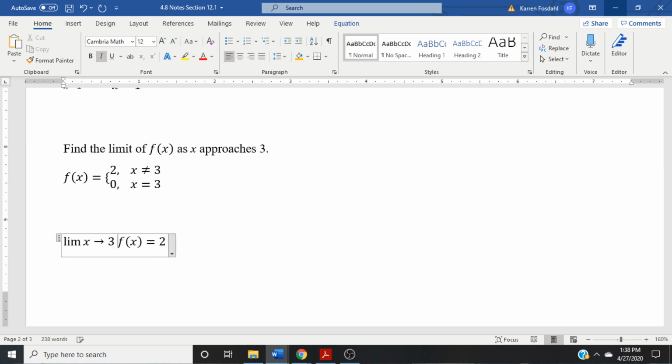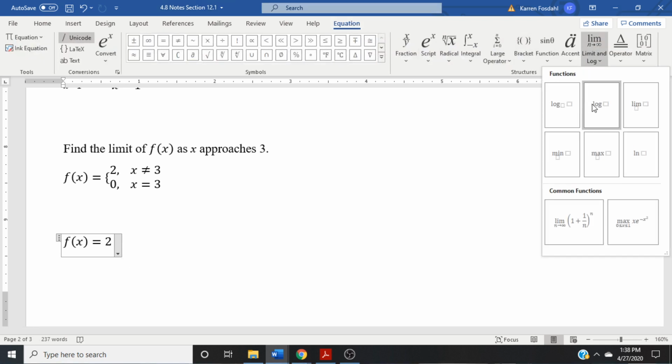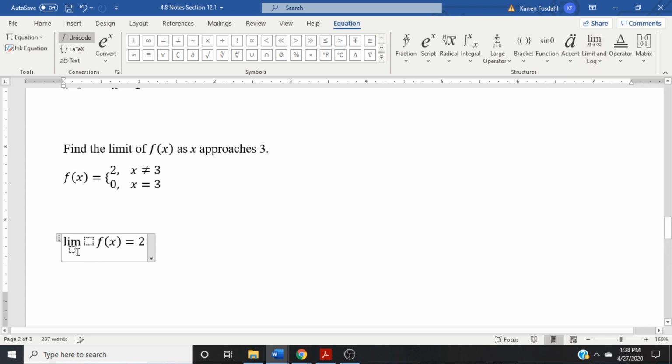That doesn't work. Sadness, we can't do the limit the way I want to. Or rather, I have to use this stuff right here. So as x approaches 3, f of x equals 2.